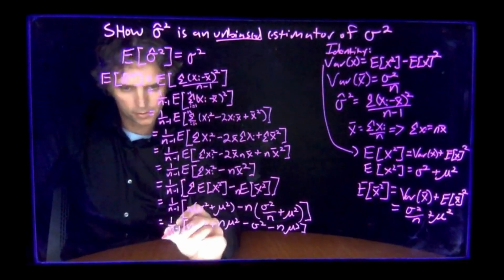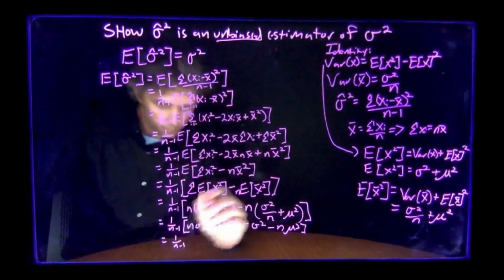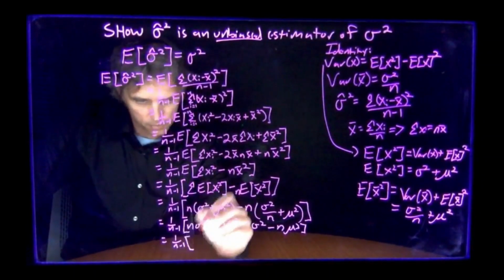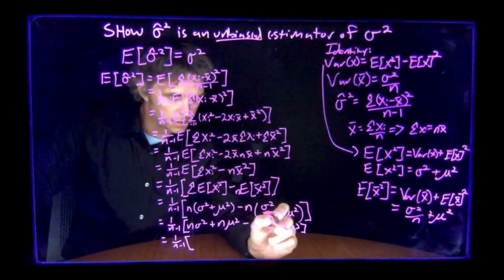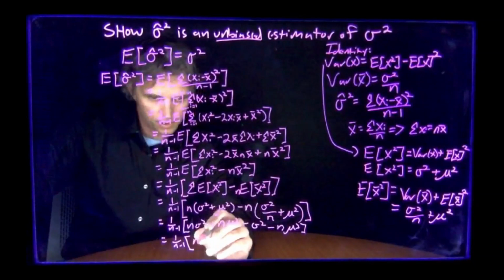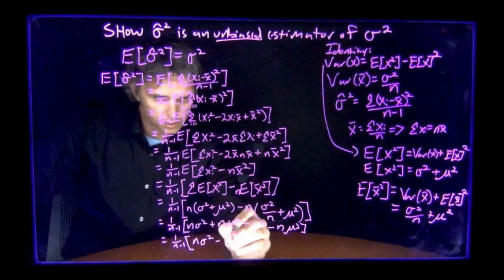And what does that leave us with? Equals 1 over n minus 1 times the sum of, so there's plus n mu squared, there's minus n mu squared, so it's just going to be n sigma squared minus sigma squared.